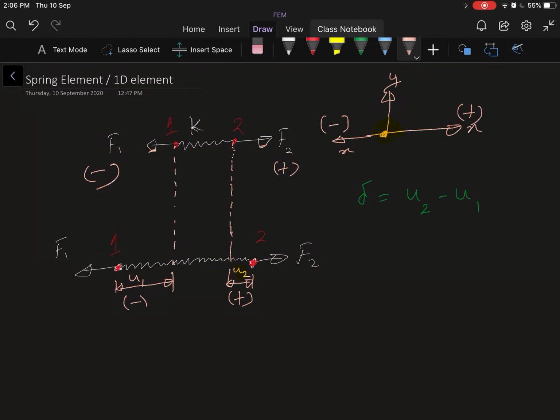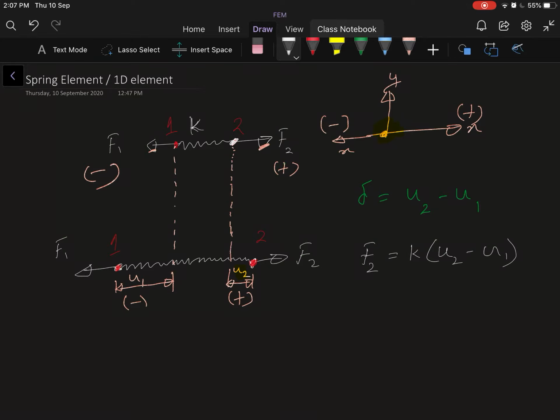Now applying the relationship between the spring stiffness constant, displacement of the spring and the force acting on the spring, we can say that at point 2 the equation would be F2 equal to stiffness constant K multiplied by u2 minus u1.